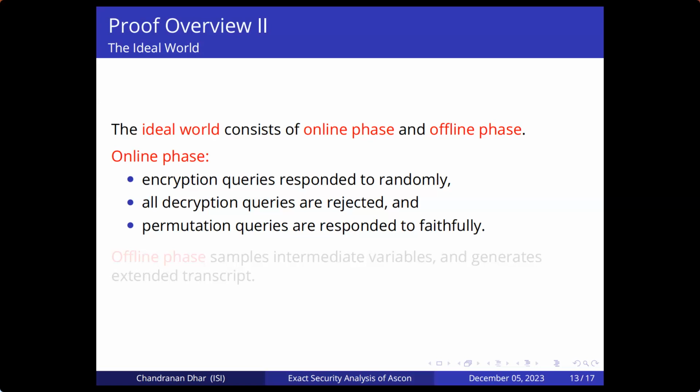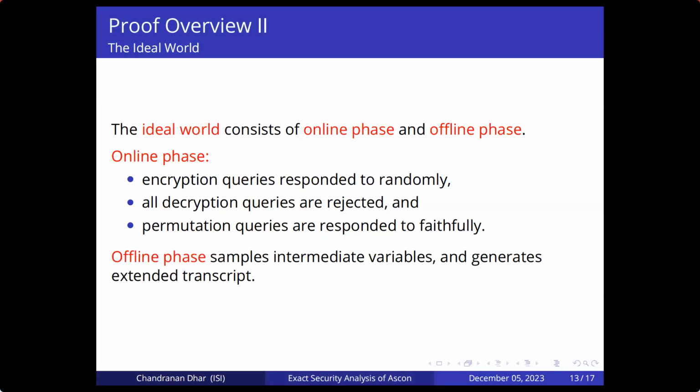And of course, the ciphertext and the message have to be of the same size. All the decryption queries are rejected, and all permutation queries are responded to faithfully. By faithfully, I mean we keep a list, and if the query is already a part of the list, then we give the output in the list. Otherwise, we give out a random output and keep it as a part of the list.